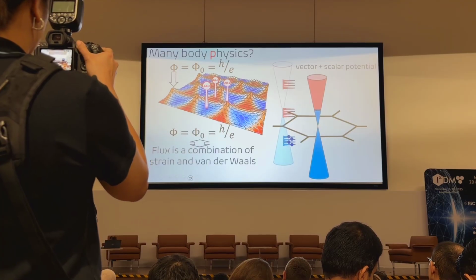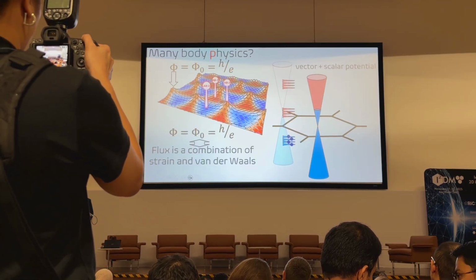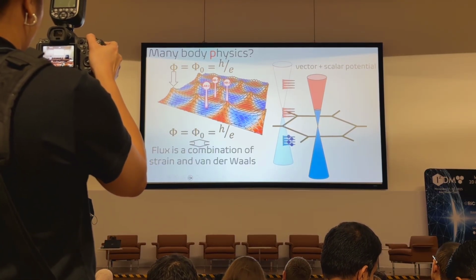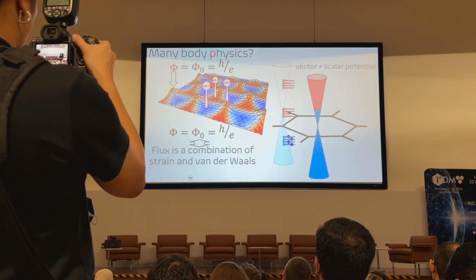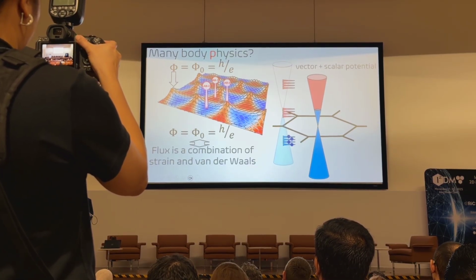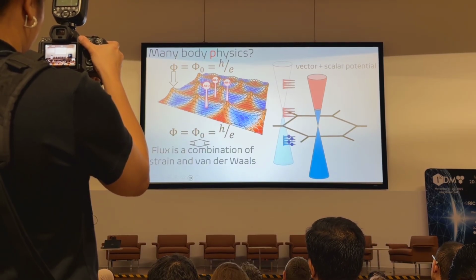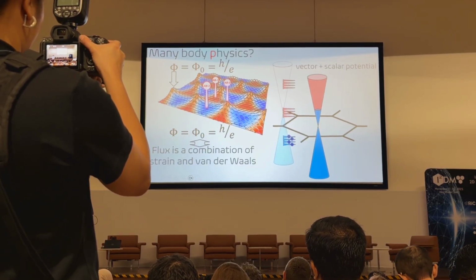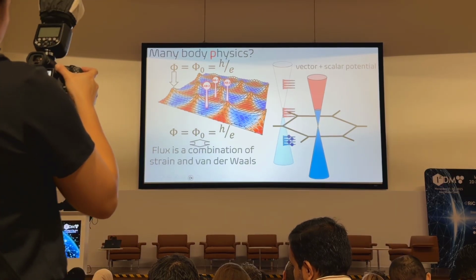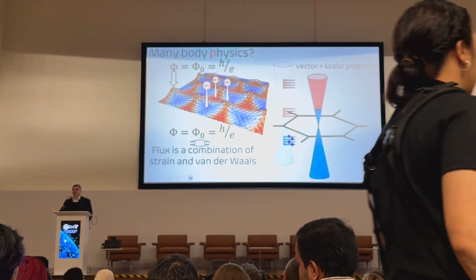So how do you connect these two? Apparently there is a linkage between the local flux and the strain, and basically the strain reconstruction is now sensitive to the electron-electron interaction inside those flat bands.